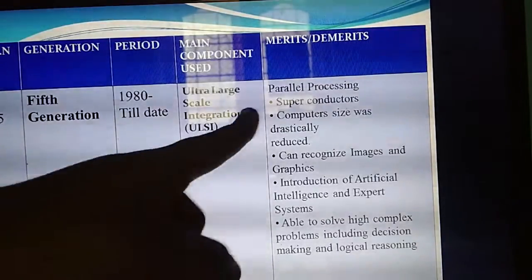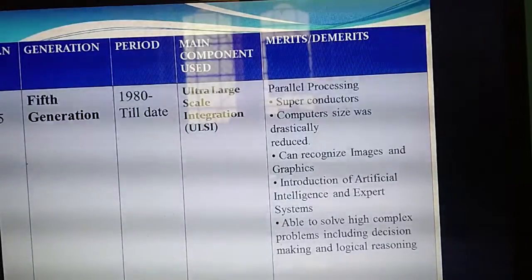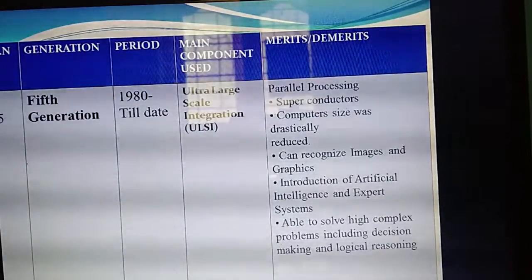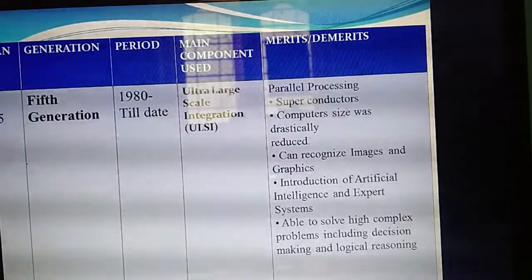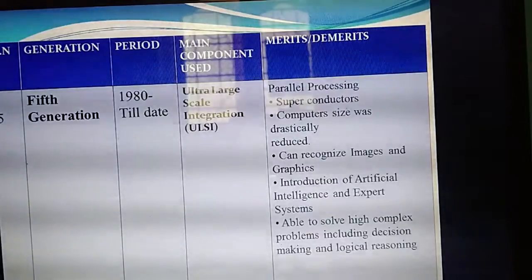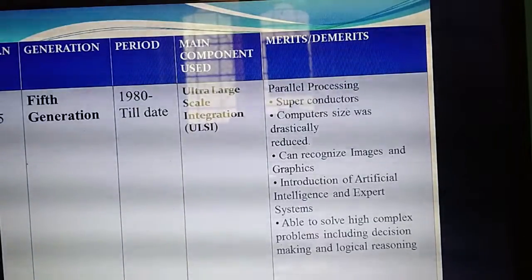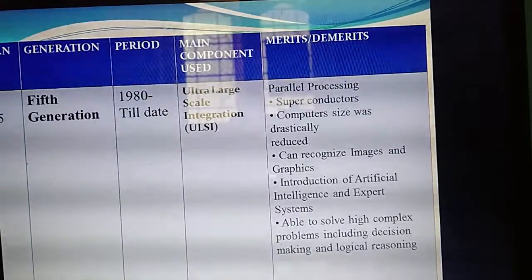Here they have introduced parallel processing. Very, very important point. Parallel processing means that if you are running programs, applications or software, parallel processing is available in the fifth generation computer. Then superconductors are used. Nowadays computer sizes are very small.